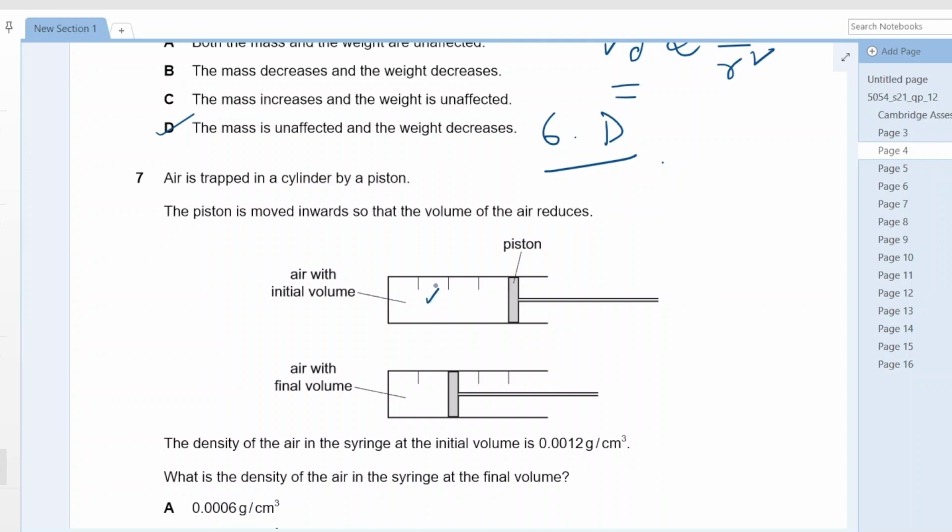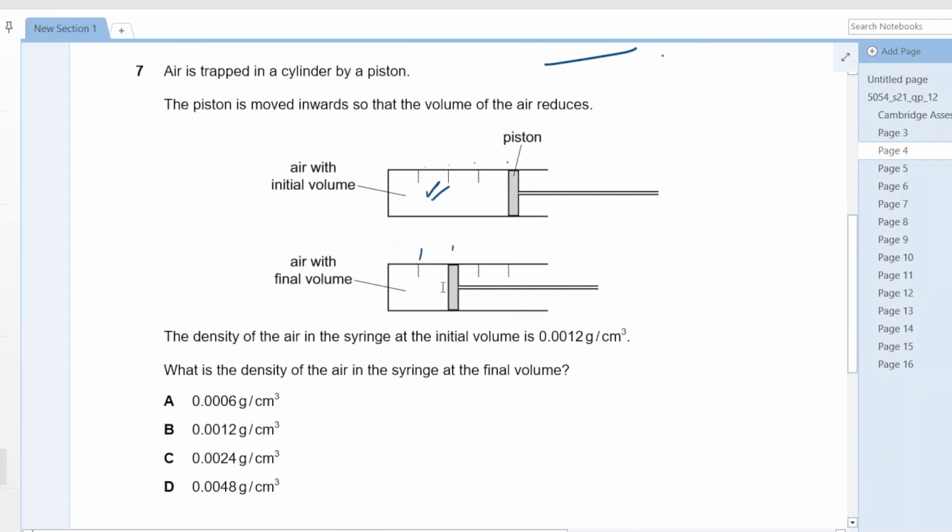Here is the air, and the volume here is 1, 2, 3, 4, and here it is 1, 2. Therefore, the volume is reduced to half, or the volume is halved here.